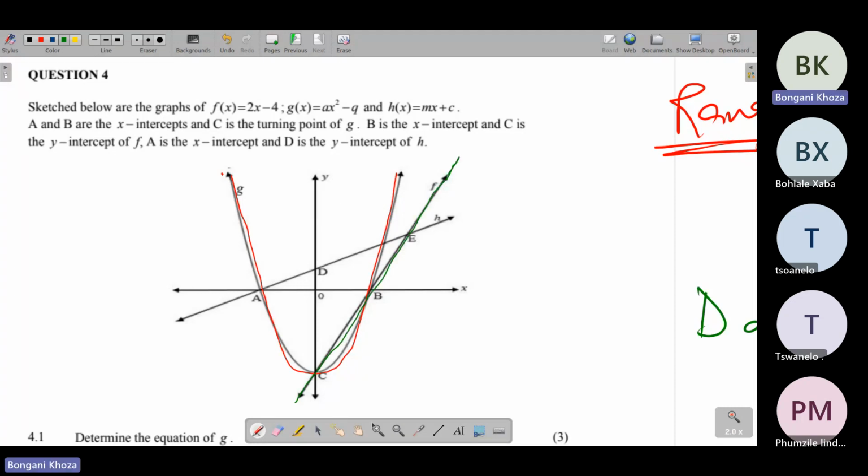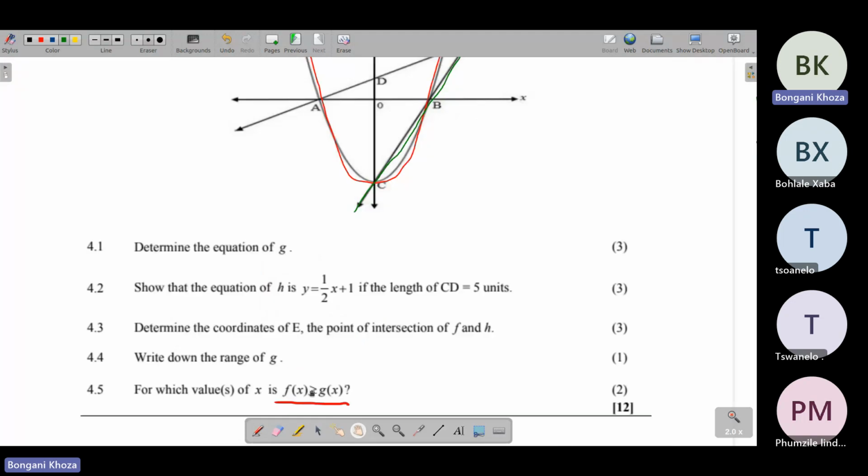So we are asking ourselves, where is the straight line above? It's greater than, remember, the point is larger compared to this small point over here. So where is f at x above g at x?